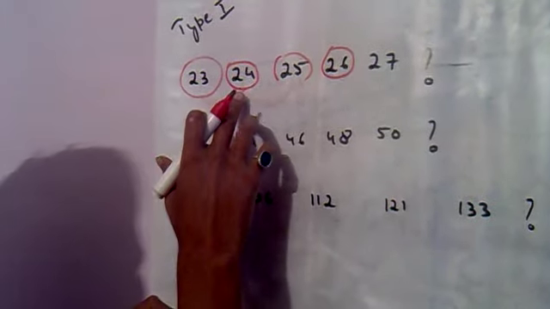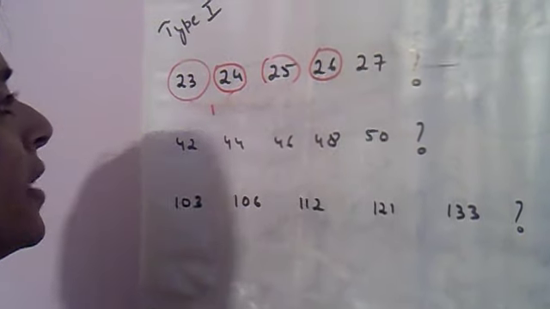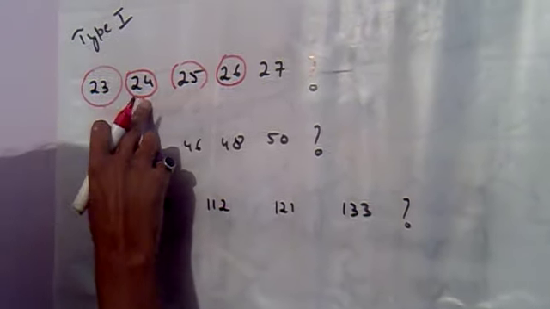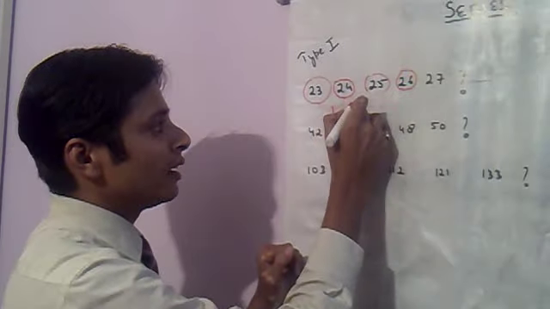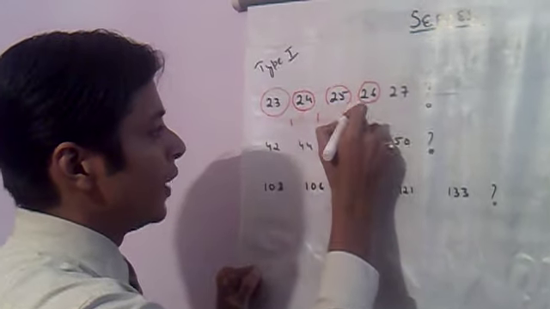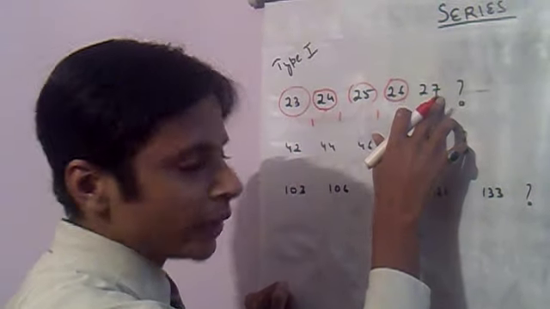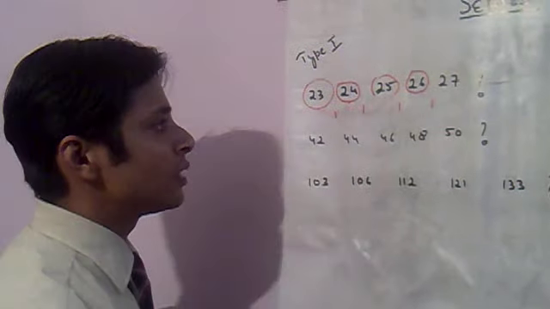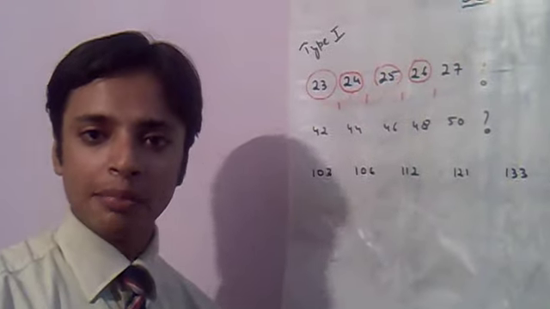Then we subtract 24 from 25, we get 1. We subtract 25 from 26, we get 1. And then we subtract 26 from 27 and we get 1. So here we have found out that there is a difference of 1 between all the numbers.